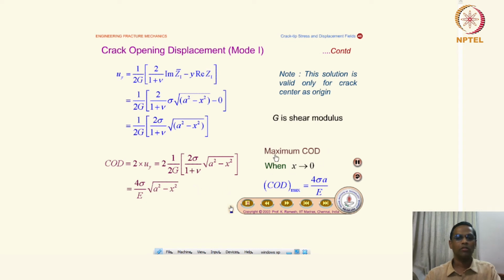Also the maximum COD is when x is equal to 0. The COD max is 4 sigma a by E. Another important point to realize is that this particular equation can be recast into the ellipse equation, x square by a square plus y square by b square is equal to 1. We can recast this equation because this is a y displacement.